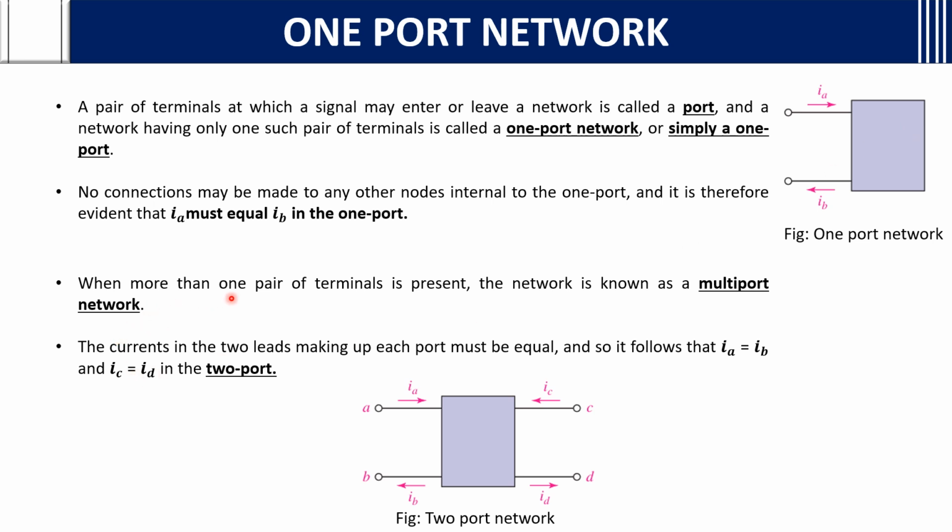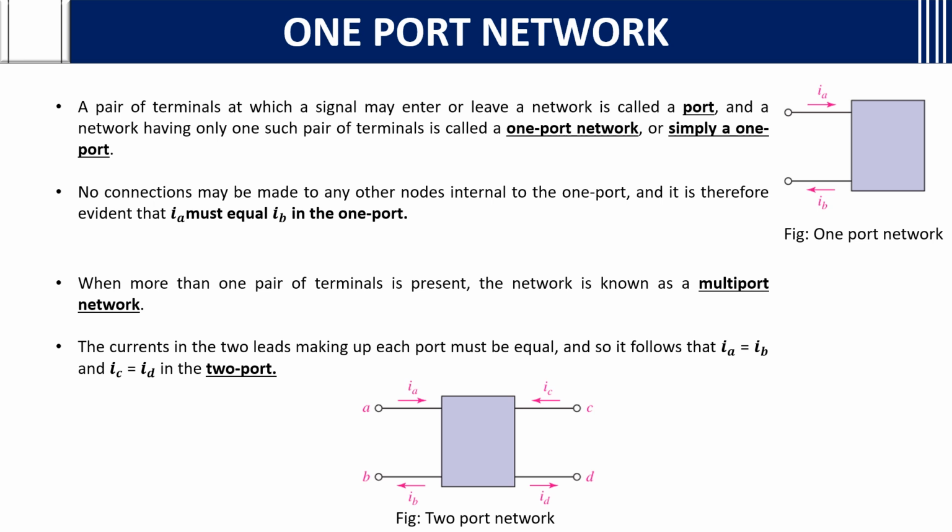When more than one pair of terminals is present, the network is known as a multi-port network. If there are many terminals present, then it is multi-port. If there are 2 ports, as you see in this diagram, there are IA, IB, IC, ID. Here, these two will be the input port and these two will be the output port.